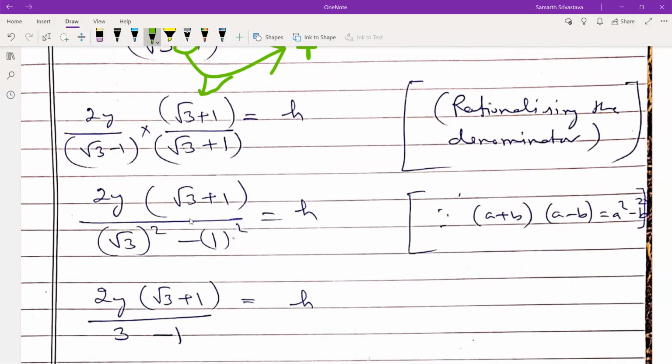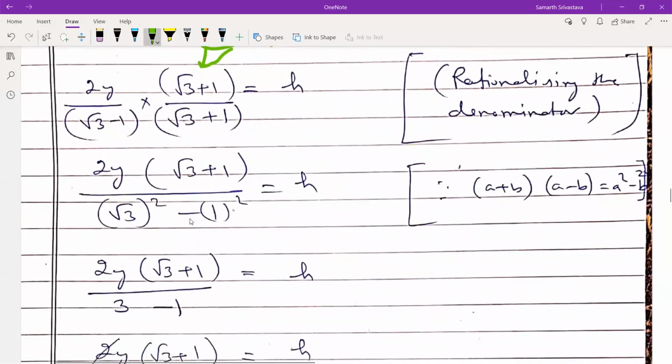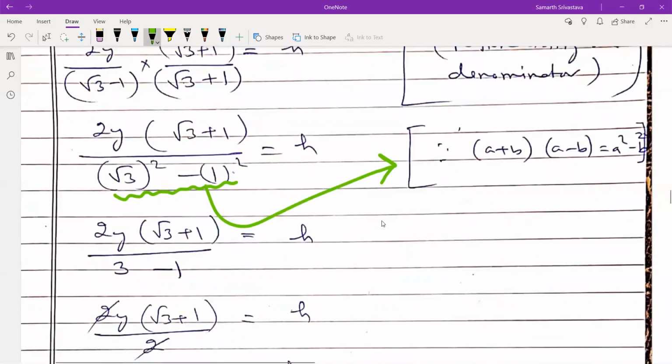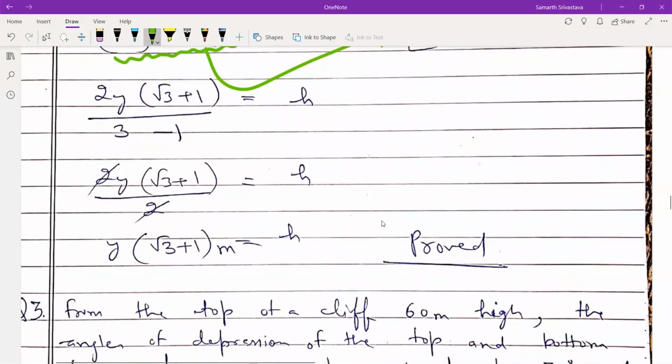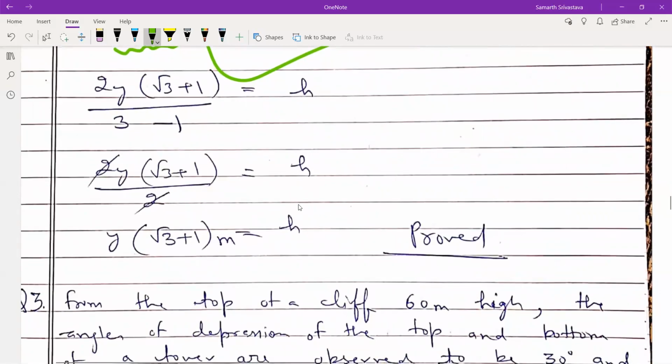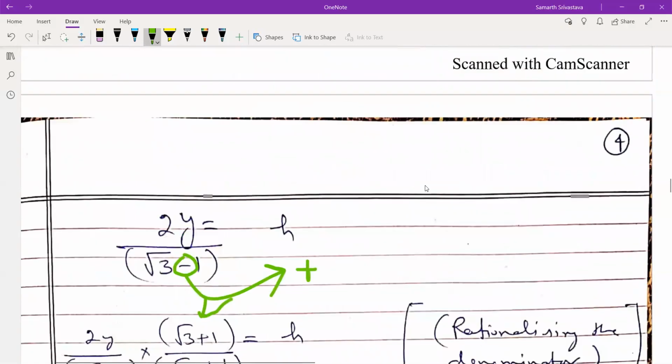So h is equal to 2y into root 3 plus 1 upon root 3 square minus 1 square, because we already know that root 3 minus 1 times root 3 plus 1 is in the shape of a plus b into a minus b, whose value is a square minus b square. So h is equal to 2y into root 3 plus 1 upon 3 minus 1. And this 2 and 2 will be cancelled, and finally we will get our result h is equal to y into root 3 plus 1 meter, which we have to prove.